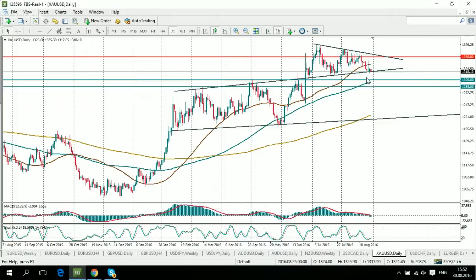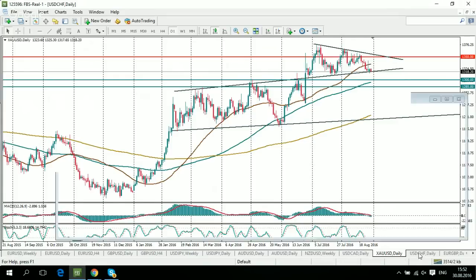If US Nonfarm Payrolls come strong, then here we go. If not, then the upper border of this triangle will be the area on which the market will be focused.